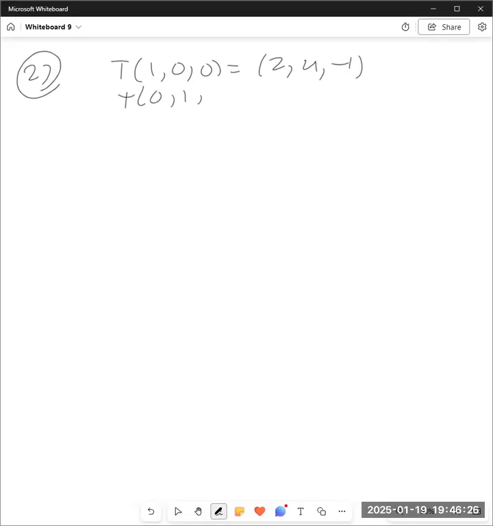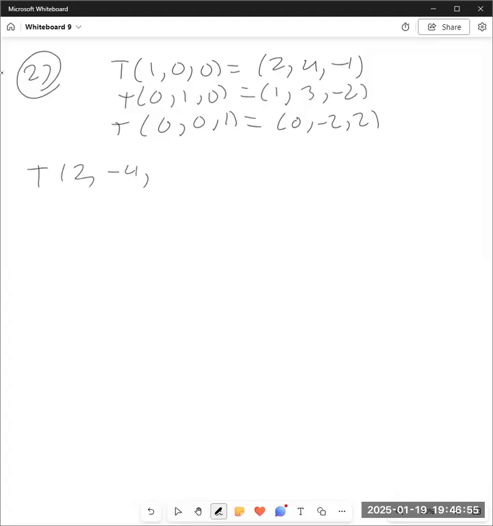T of [0, 1, 0] is equal to [1, 3, -2]. T of [0, 0, 1] is equal to [0, -2, 2]. So I want to find T of [2, -4, 1], which is 2 of these, -4 of those, and 1 of those.